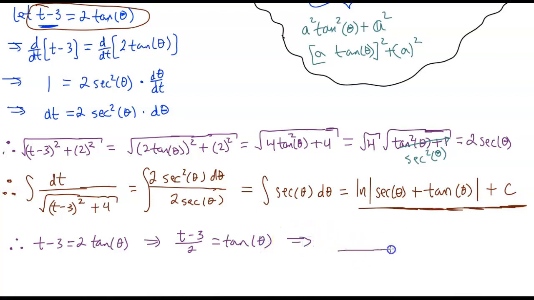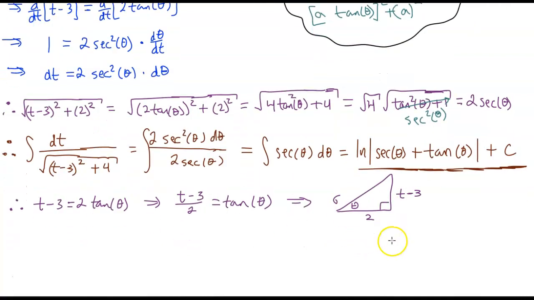And if we look at a nice right triangle here in quadrant 1, then we know tangent is going to be opposite over adjacent. So this will be t minus 3 here. This will be 2. And so now all we need to do is find out what our hypotenuse r is.